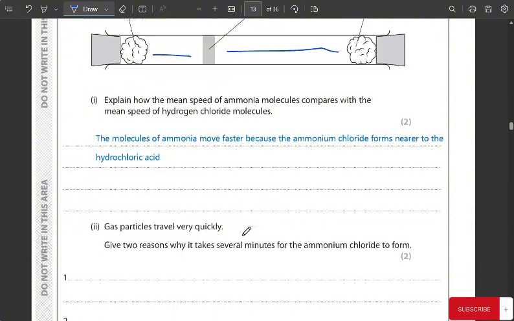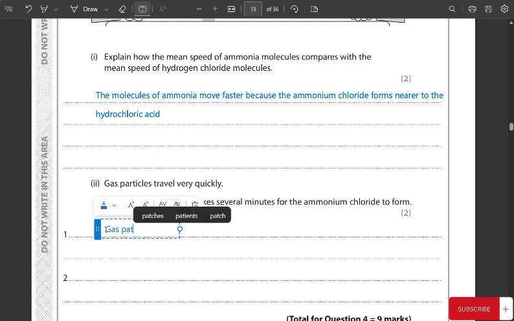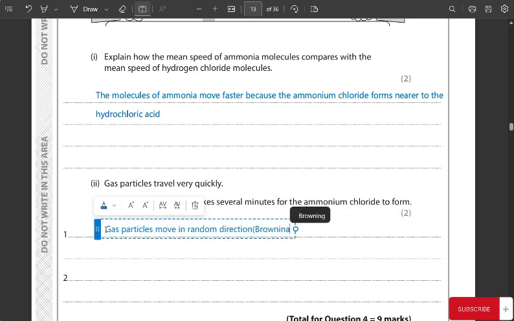That's why I give these reasons. And the second part, gas particles travel very quickly. Give 2 reasons why it takes several minutes for the ammonium chloride to form. Okay, the reasons are: the gas particles move in random directions, like a Brownian motion.